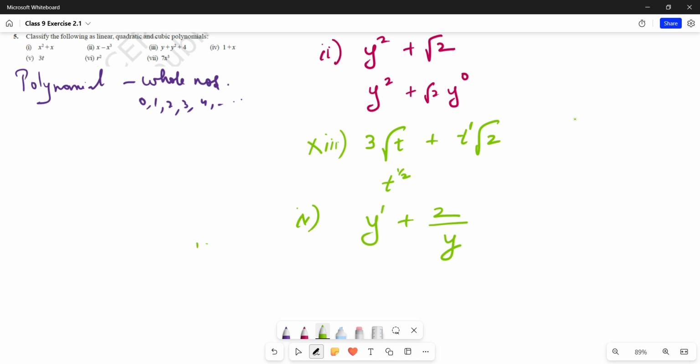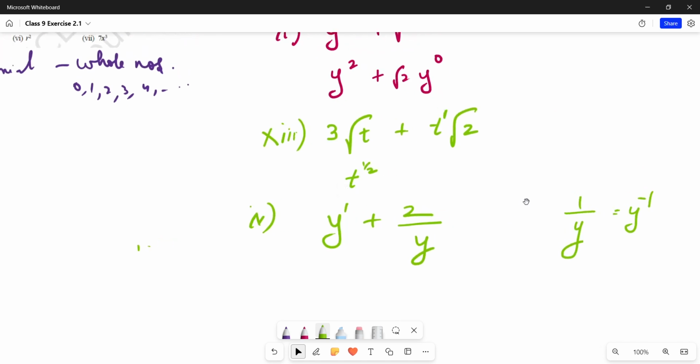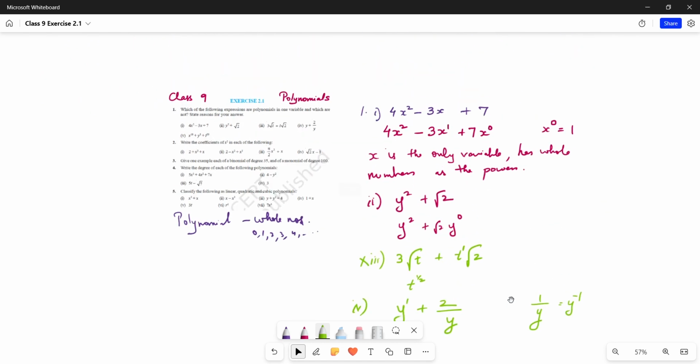But since this y is in the denominator, 1 by y is equal to y raised to the power minus 1. So this is clearly not a polynomial because y is not raised to a whole number power. Minus 1 is not a whole number. It's a negative integer.